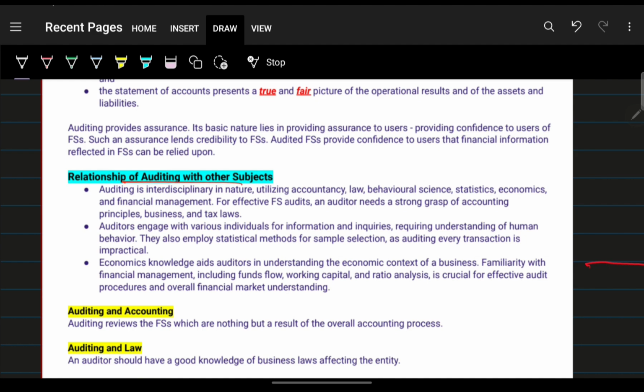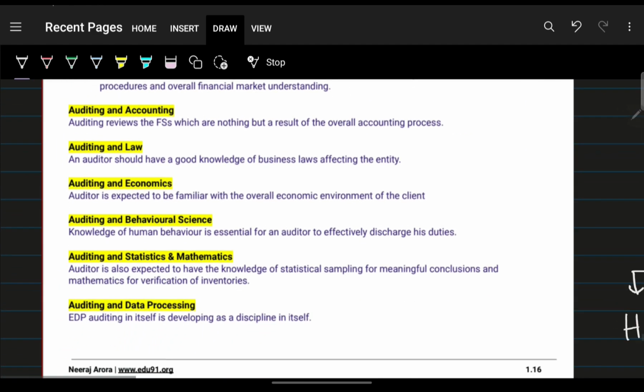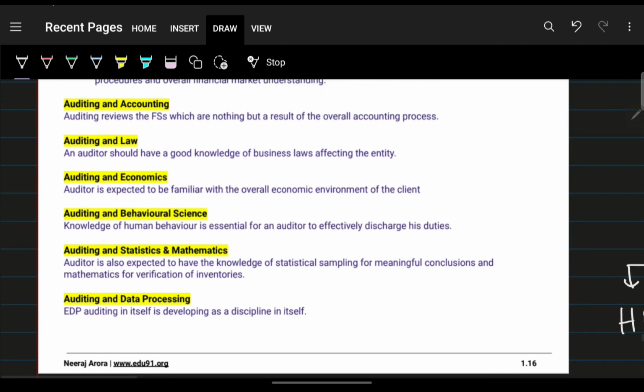So here, relationship of audit with other subjects. We'll just dive into these in detail. When it comes to auditing and accounting, auditing reviews the financial statements, which are nothing but a result of the overall accounting process. So this is how auditing and accounting are related. Auditing and law is related, as the auditor should have good knowledge of business law affecting the entities.